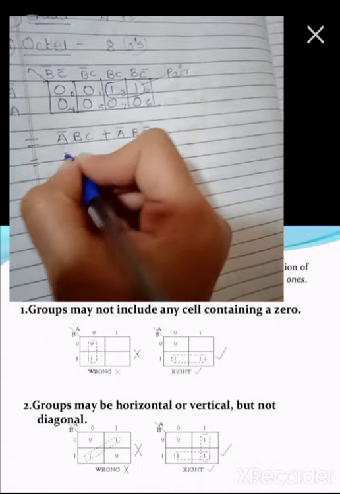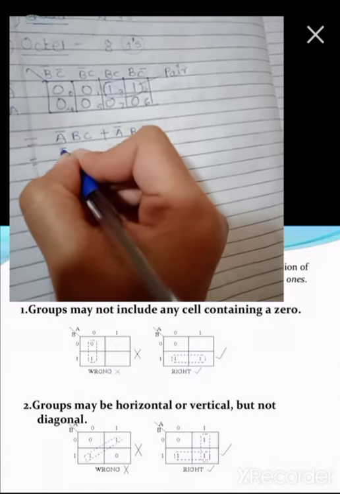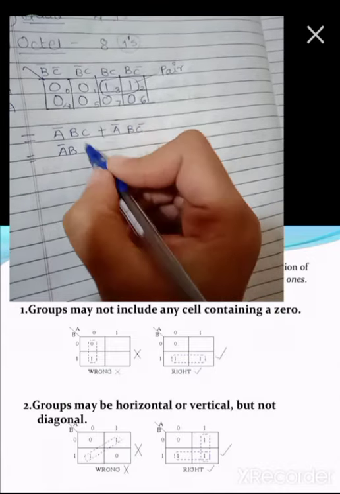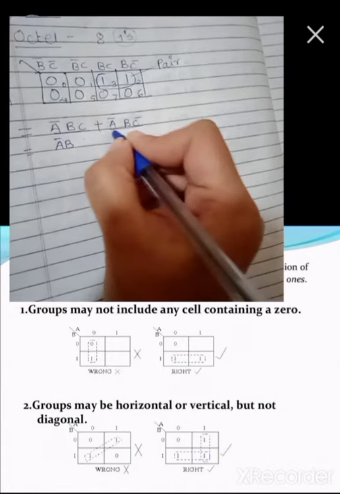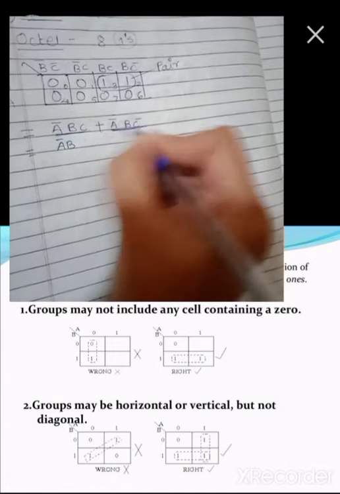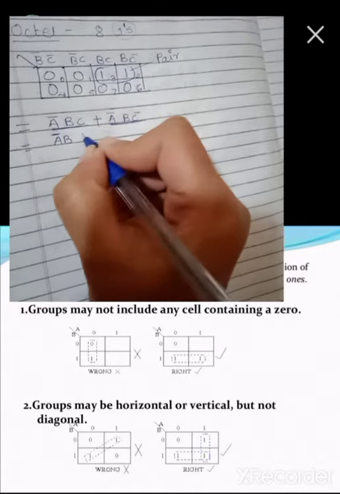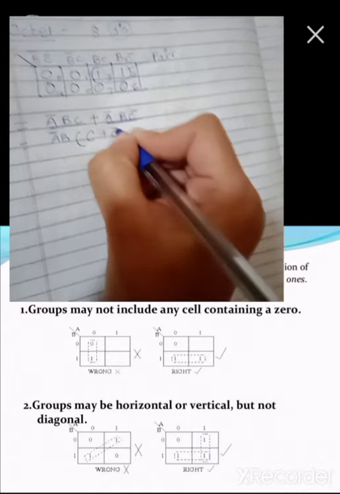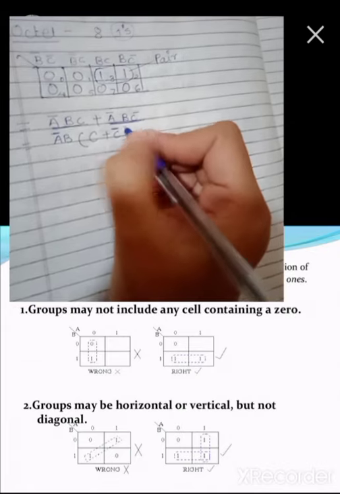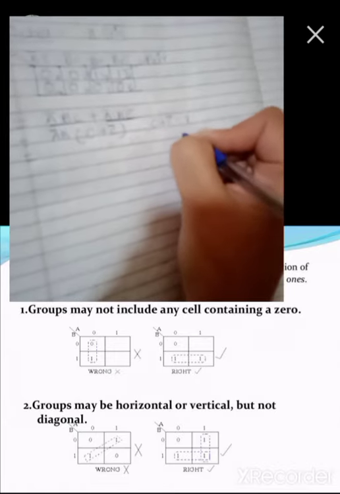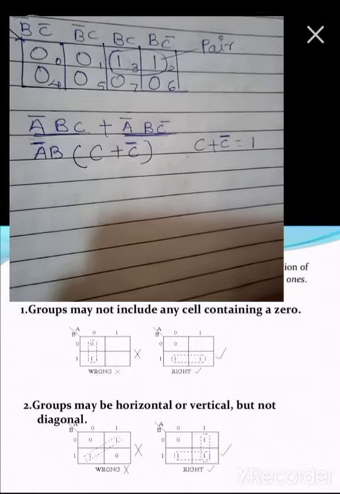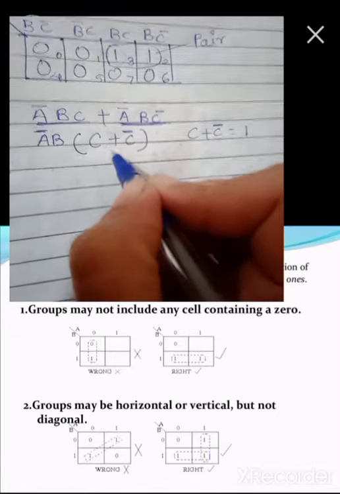So in this expression, A bar B is a common term. See here, in both the terms A bar B is common. So in the bracket C plus C bar will remain. Now C plus C bar is equal to 1 by the OR law. We saw this when we solved Boolean expressions. C plus C bar is 1, so this bracket is replaced with 1.